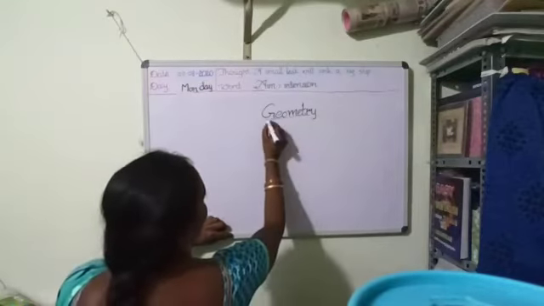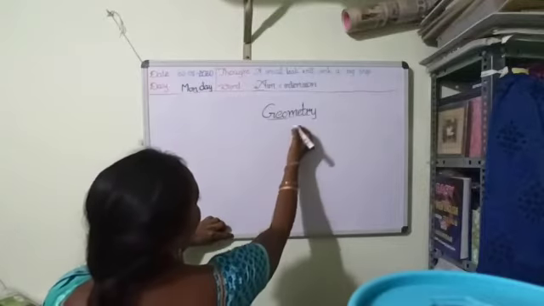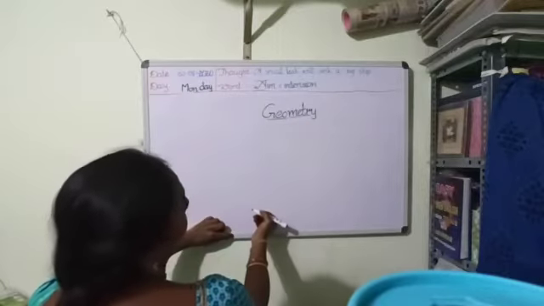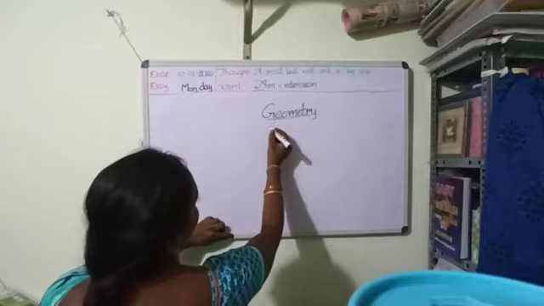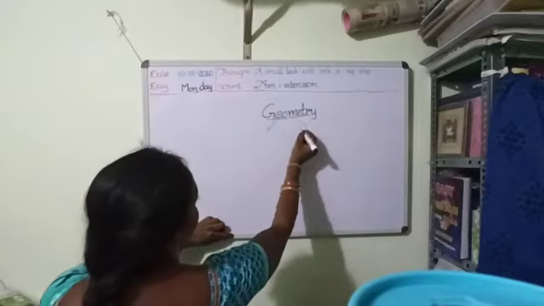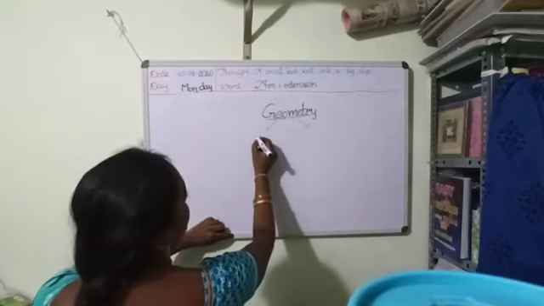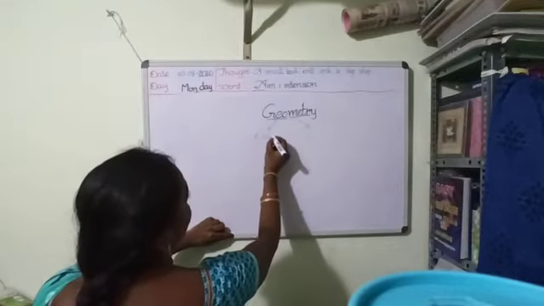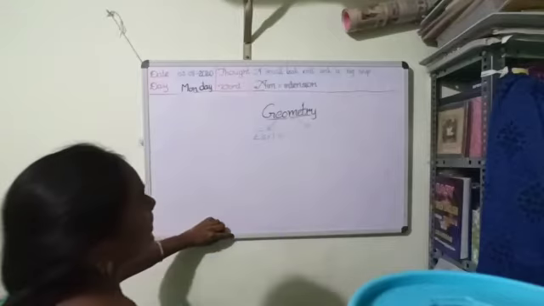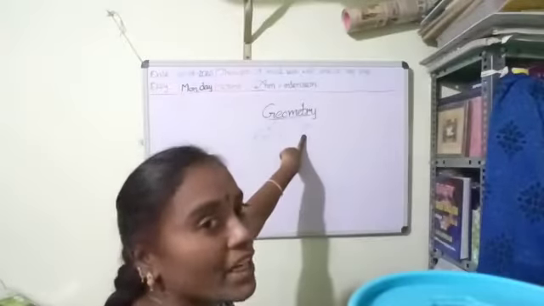Now, geometry. In this word, geo and metry. You have to divide geometry into two parts, geo and metry. What is meant by geo? Geo means earth. Metry means measure.